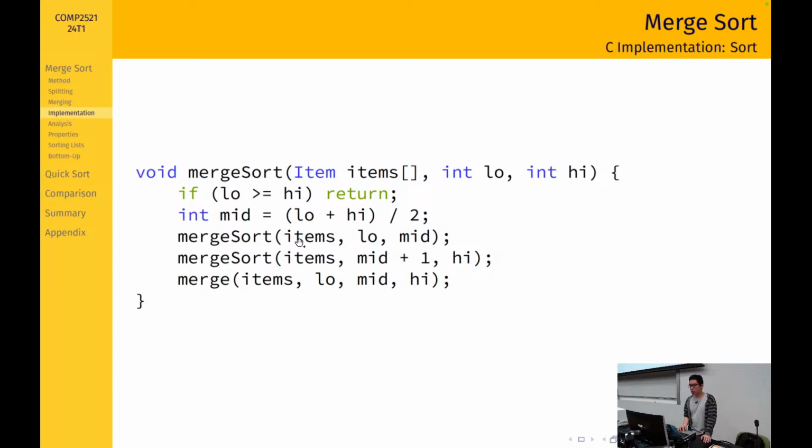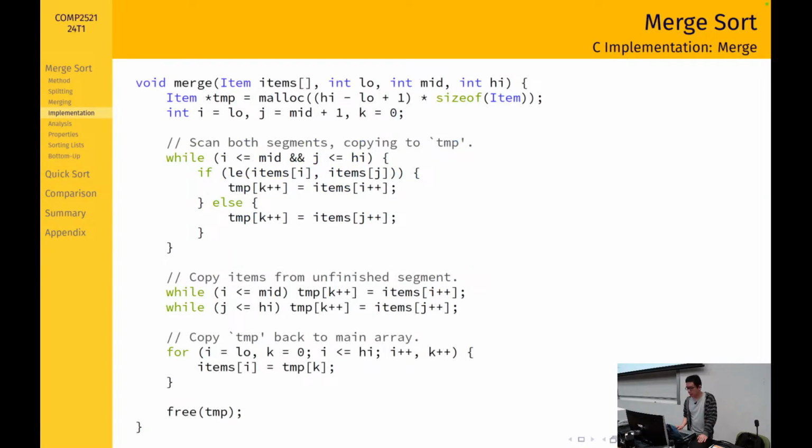Then we recursively merge sort the left-hand side of the array, from index low to mid. Then we recursively merge sort the right side of the array from mid plus 1 to high. Then we perform the merge, so we merge the two halves of the array together. And here we pass it index low, index mid, and index high, so that the merge function knows where the middle point is.